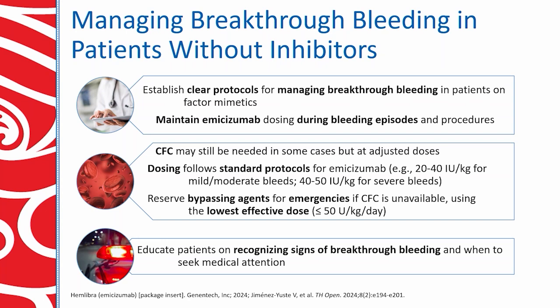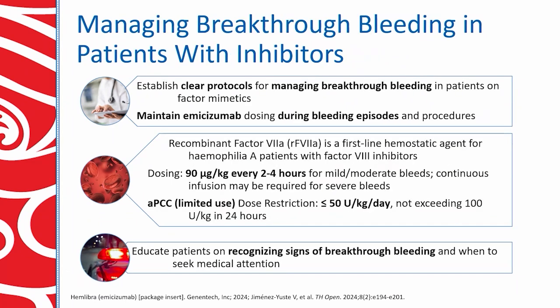Usually for severe bleeds, you use the same dose that we use usually. For moderate bleeds, maybe a reduced dose. And what is also very important is recognizing signs of breakthrough bleedings. This is something we have to discuss with patients, so they learn and understand early signs of bleeding and also when to seek medical intervention.